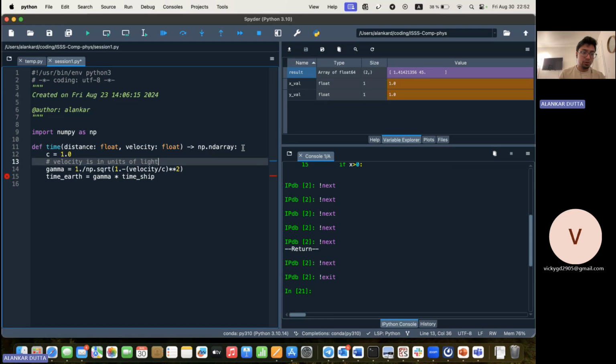If the velocities are slow, then the factor gamma is very close to 1, and then time on Earth and time on spaceship are almost equal. So that's why we keep the speed of light as 1 and give all velocities in terms of the speed of light, so that we have values very close to the speed of light where the difference is high.